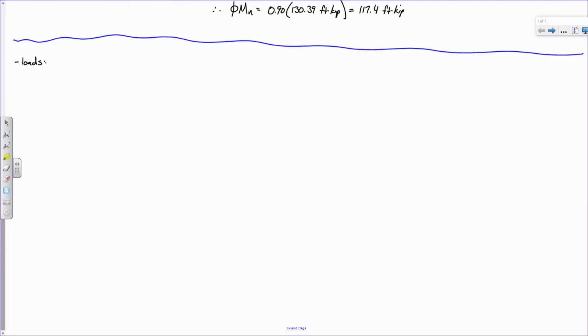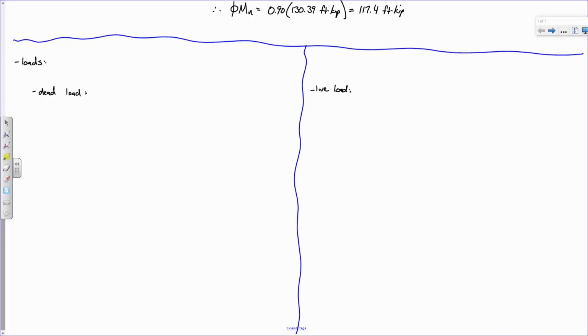Let's start off with dead load over here, and we'll look at live load here.